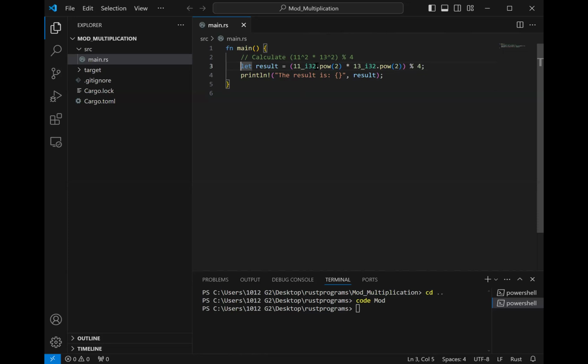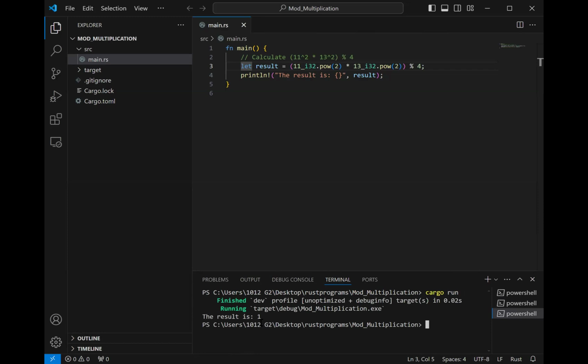Now 11 power 2 times 13 power 2 on division by 4, what is the remainder? Okay, let me run this. Says the remainder is 1.